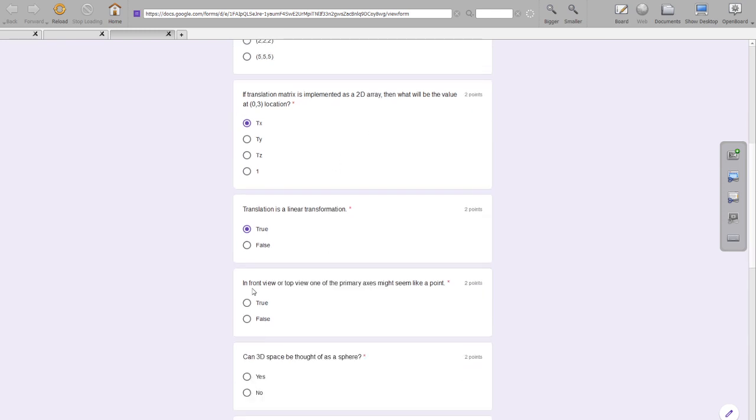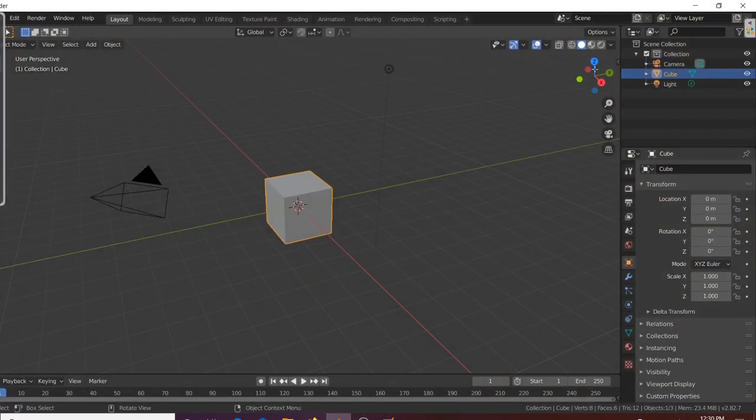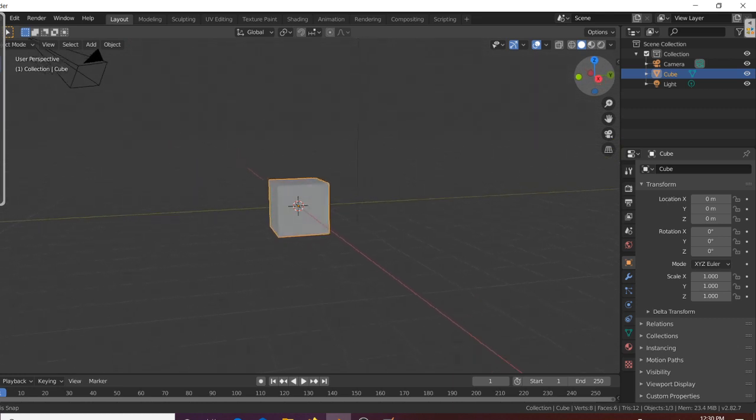Next question. In front view or top view, one of the primary axes might seem like a point. Now for this, you have to go back to this Blender example. Here you have the front view of the object.